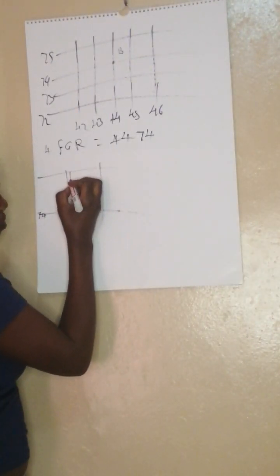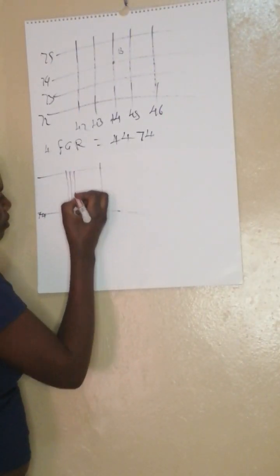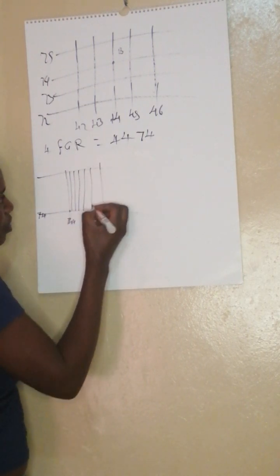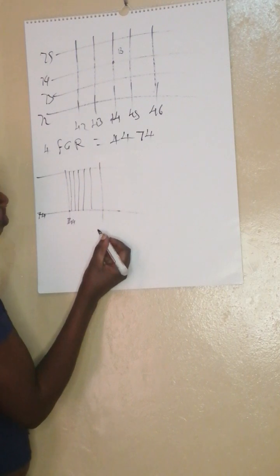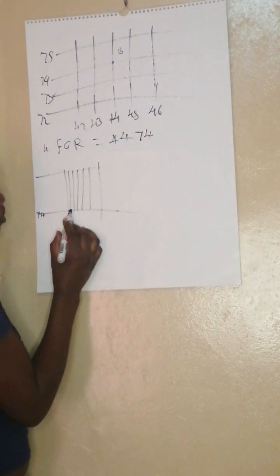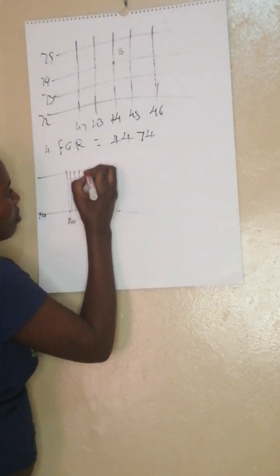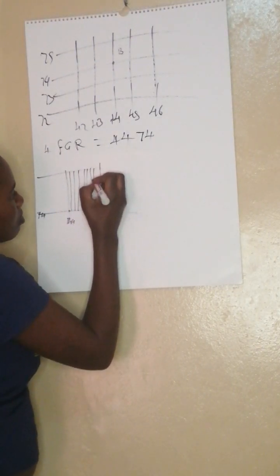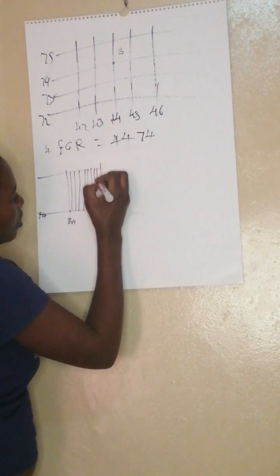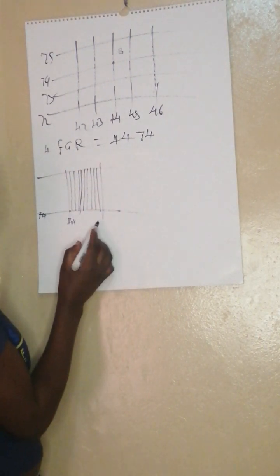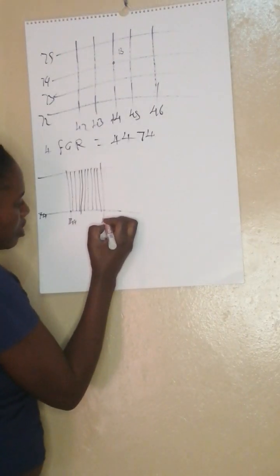Starting from here, I'll have 44, 44.1, 44.2, 44.3, 44.4, 44.5, 44.6, 44.7, 44.8, 44.9, then we go to 45.